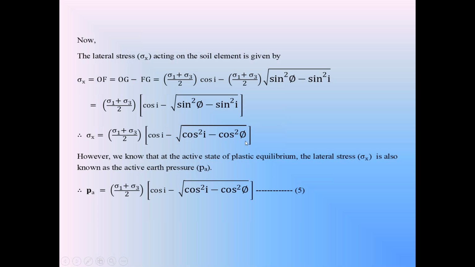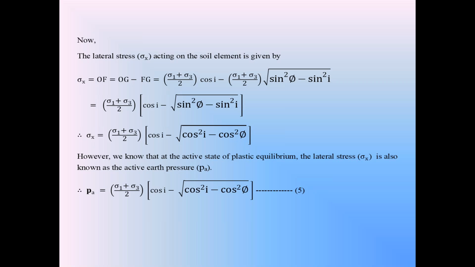So on this inclined surface of the backfill, the stress sigma x acting on the soil element parallel to the inclined surface of the backfill is equal to (sigma 1 plus sigma 3)/2 into cos I minus square root of cos square I minus cos square phi.